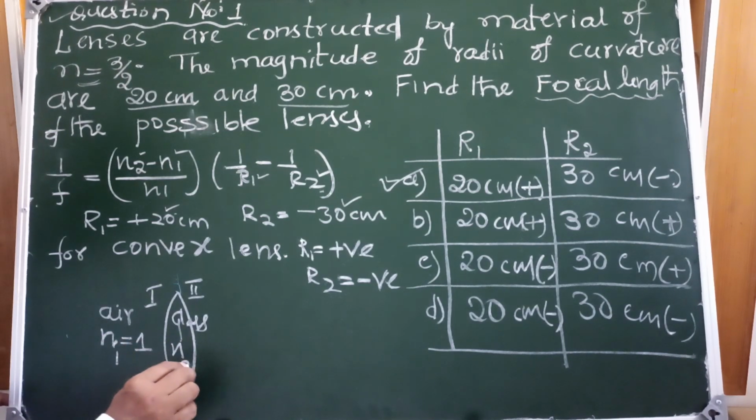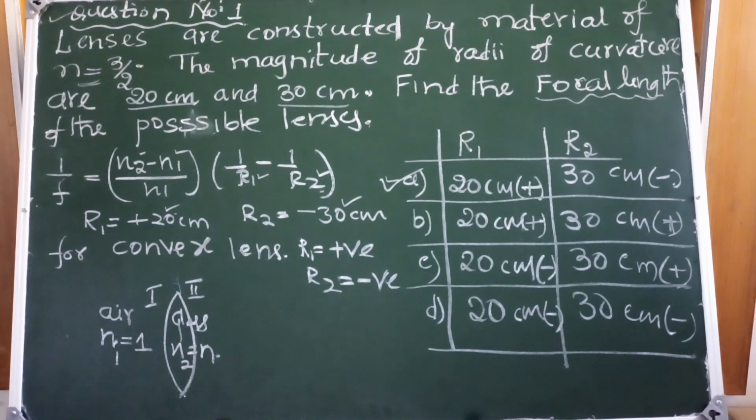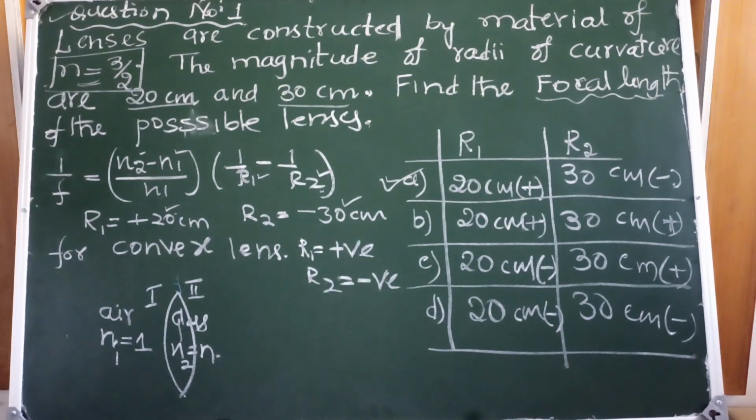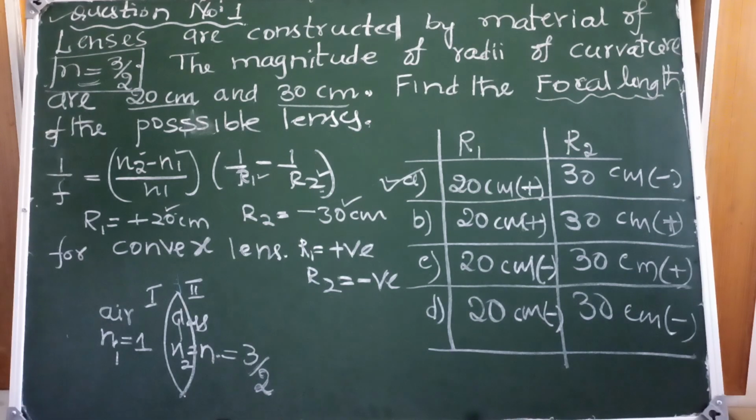Glass is the second medium, so N2 is N, and they have given the value of N, it is 3/2. Now we have to substitute the values in the lens maker's formula and simplify that.